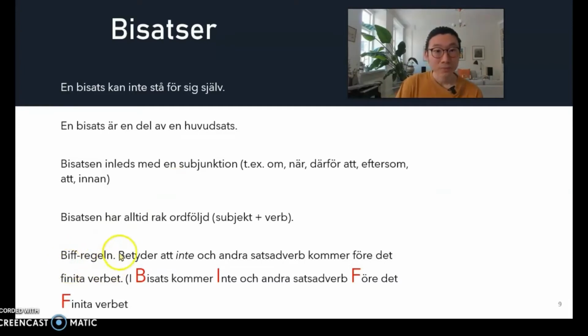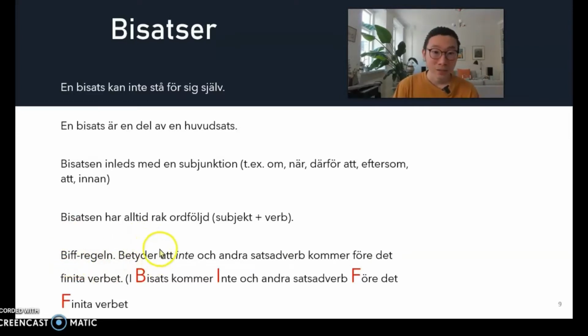BIF-regeln betyder att inte och andra satsadverb kommer före definita verbet. Så i bisatsen kommer inte och andra satsadverb före definita verbet. In the subordinate clause in Swedish, we follow the BIF rule.